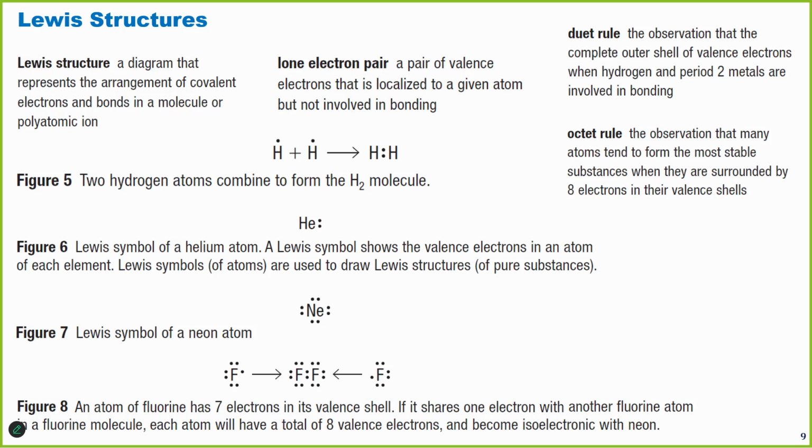Check the finished structure. All items except hydrogen should have a complete octet, counting shared and lone pairs, to complete the Lewis structure. If you are representing a polyatomic ion, place square brackets around the entire structure and write the charge outside the brackets.